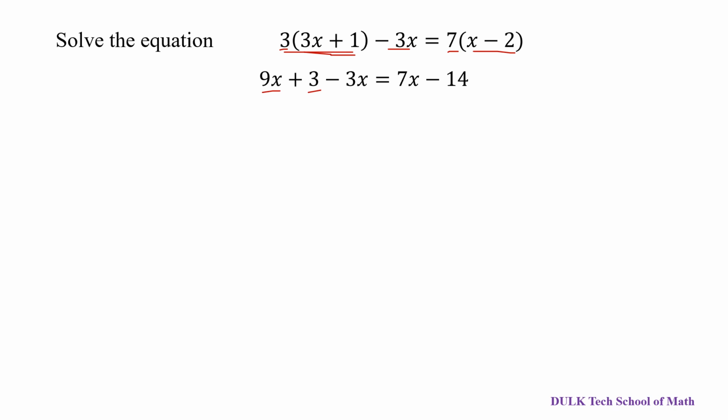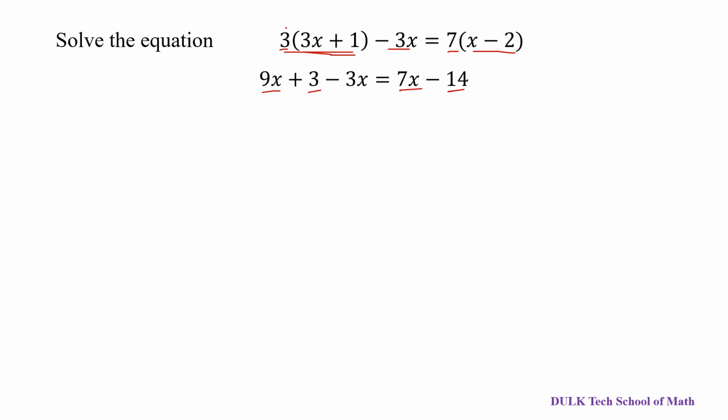It has nothing to do with this 3. This 3 will only multiply everything in these brackets up to this last bracket. Right, so we are saying this minus 3, we'll rewrite this minus 3 as it is. Right, on the other side, 7 by x, we find 7x. 7 by minus 2 we get minus 14.